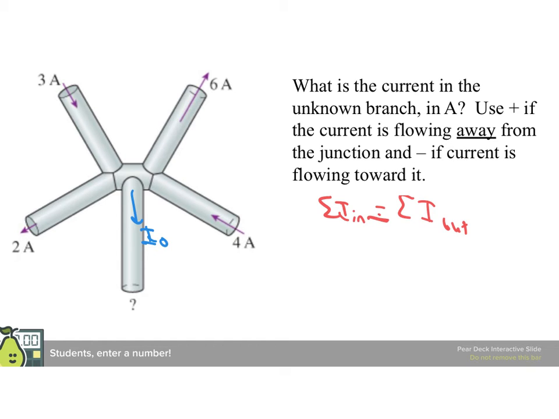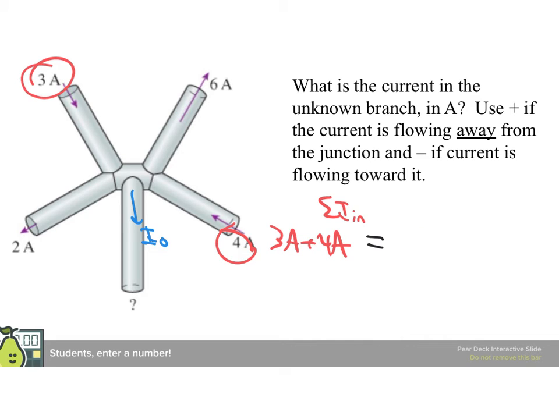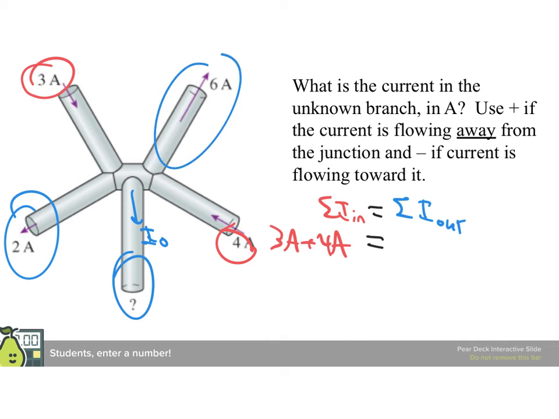So we have flowing in 3 amps and 4 amps. So we have 3 amps plus 4 amps flowing in. And then flowing out, we have 2 amps and the one we just named, and 6 amps.